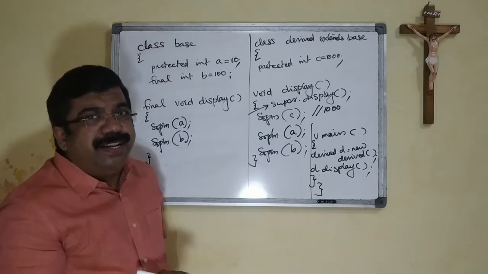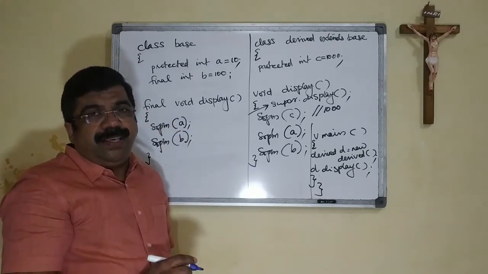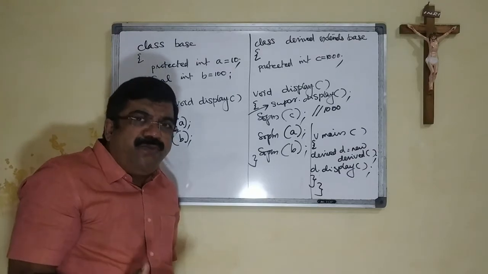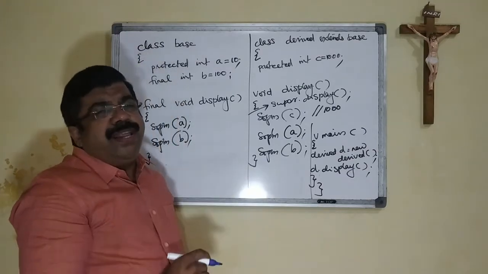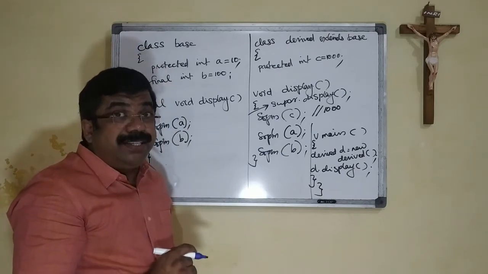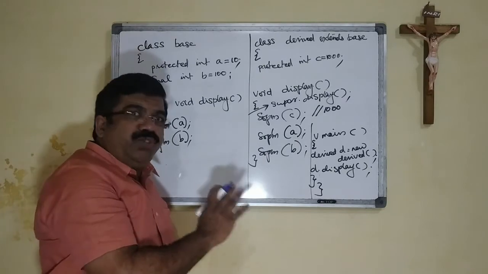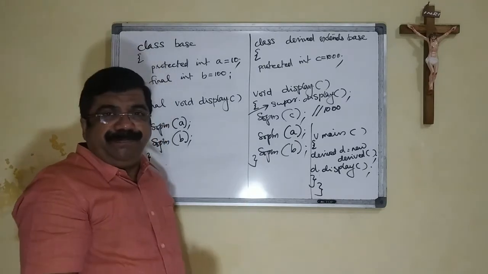But one thing we did, we gave a final keyword here. So what is going to happen when we use the final keyword on the base class member function, which is overridden? That is what we are going to see.